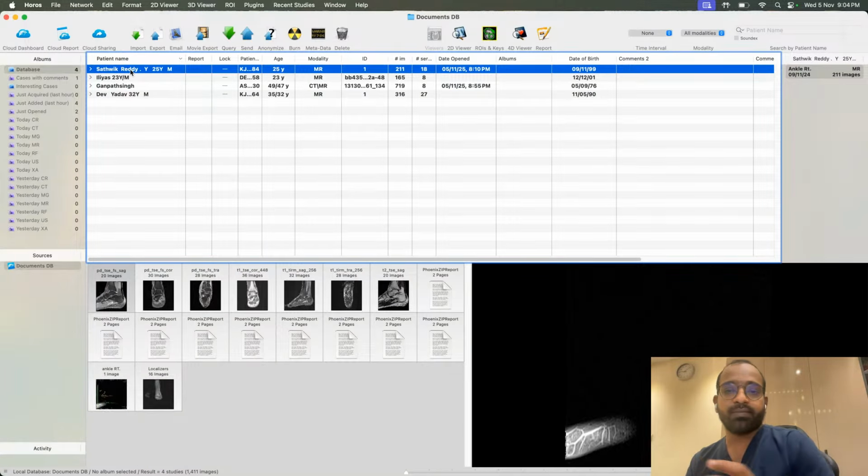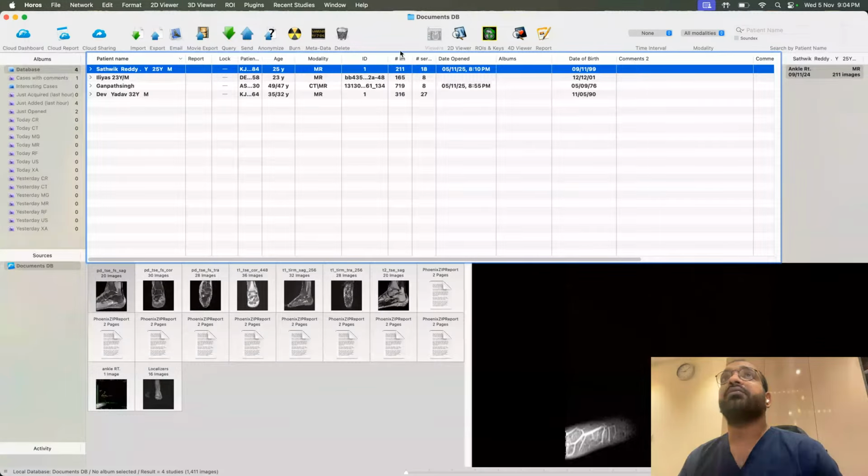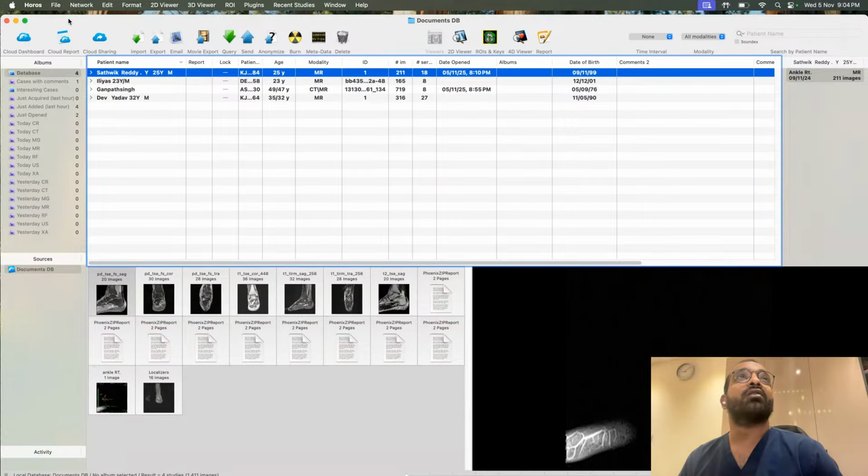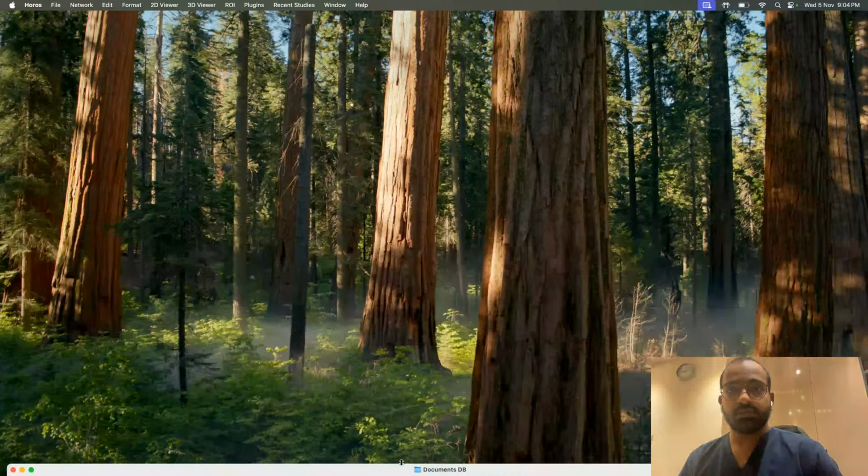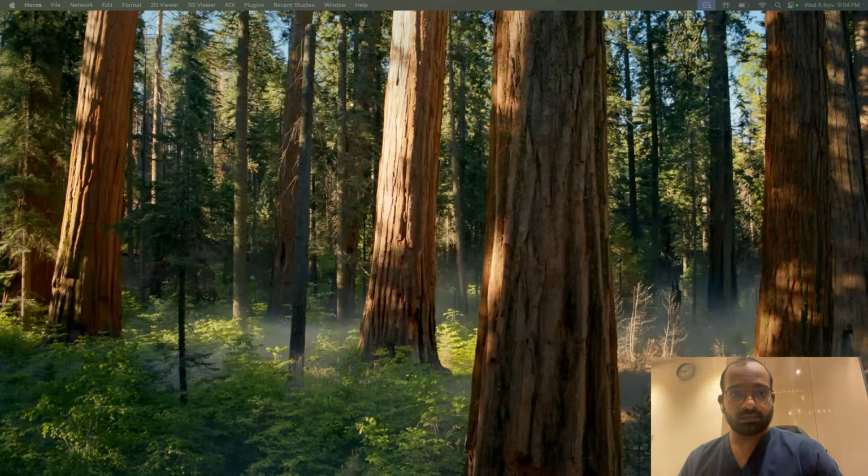So there are 4 cases. We'll start with the ankle joint.